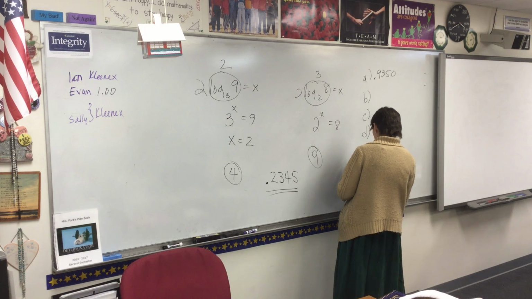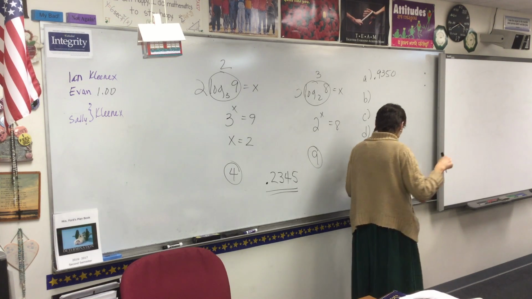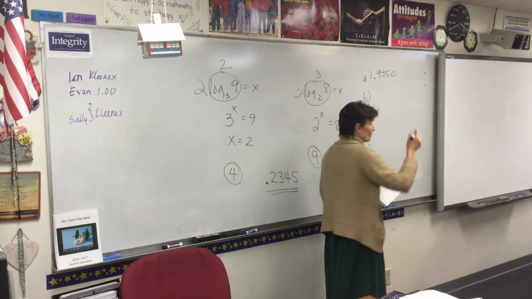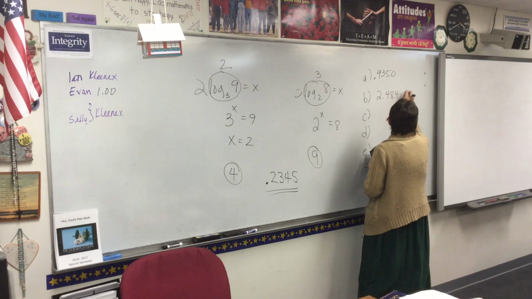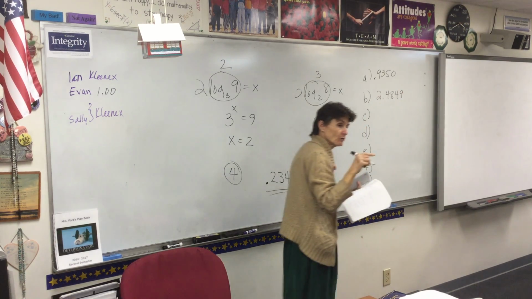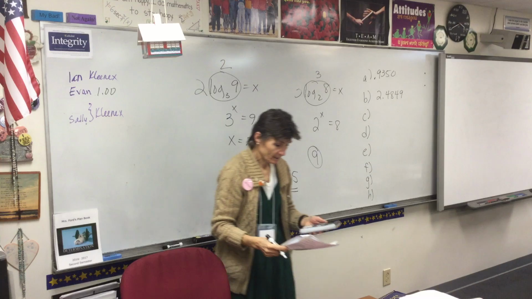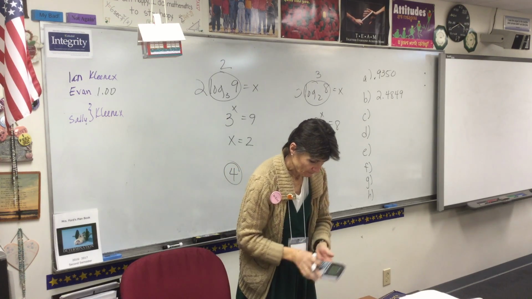B is 2.4849. What I thought you might do is do them all and write them down on your paper. Now the rest of them, would you just do on your own and write down? And then we'll give a list of the answers up here.